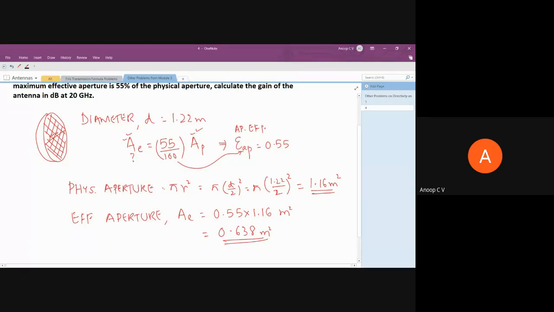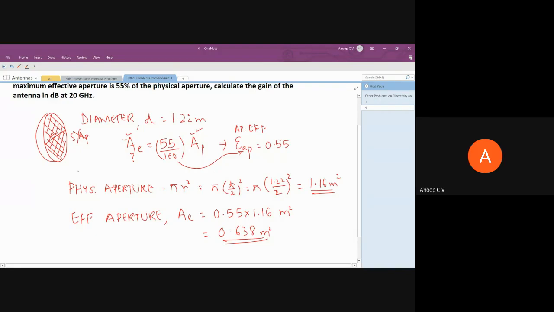Now, what actually is the effective aperture? If there is some power density S here, the actual power delivered to the antenna will not be equal to S into AP, the physical aperture, because at the side walls the electric field intensity can actually be 0.